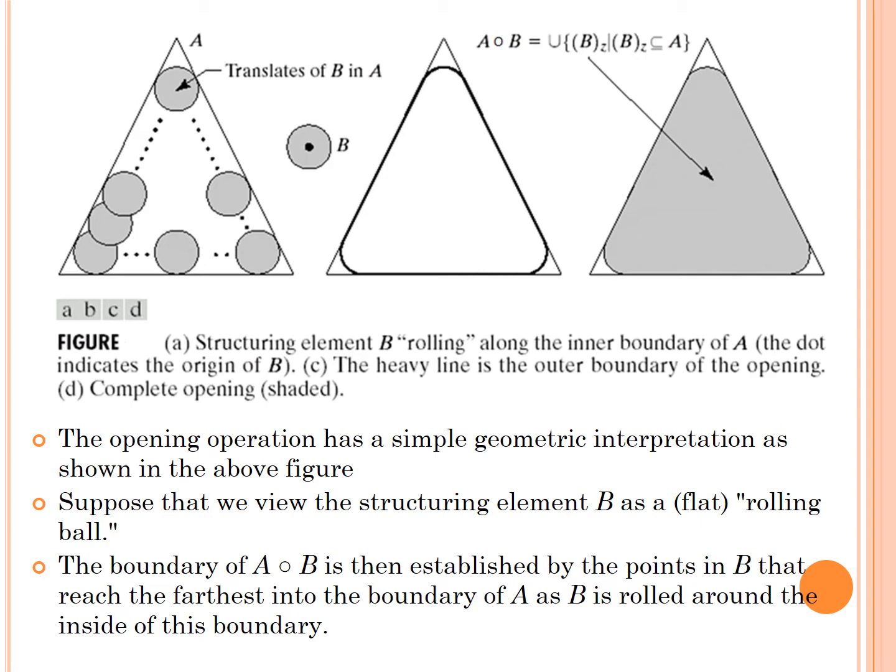The opening operation has a geometric interpretation as shown in the above figure. Suppose that we view the structuring element B as a flat rolling ball. The boundary of opening of A by B is then established by the points in B that reach the farthest into the boundary of A as B is rolled around the inside of this boundary.